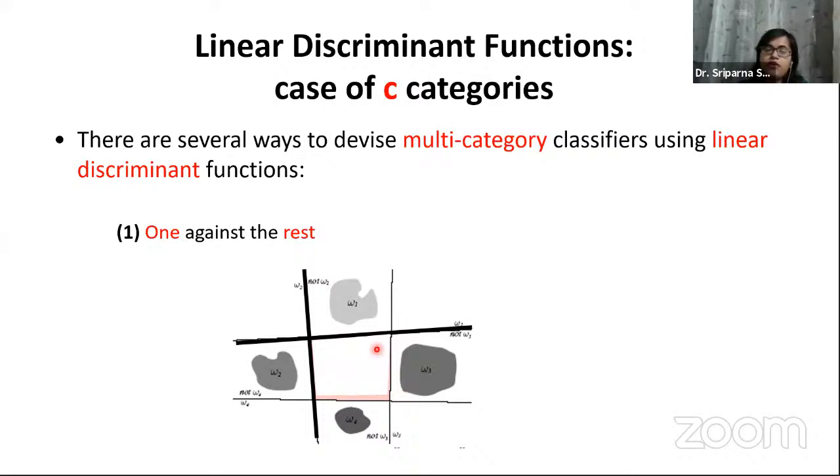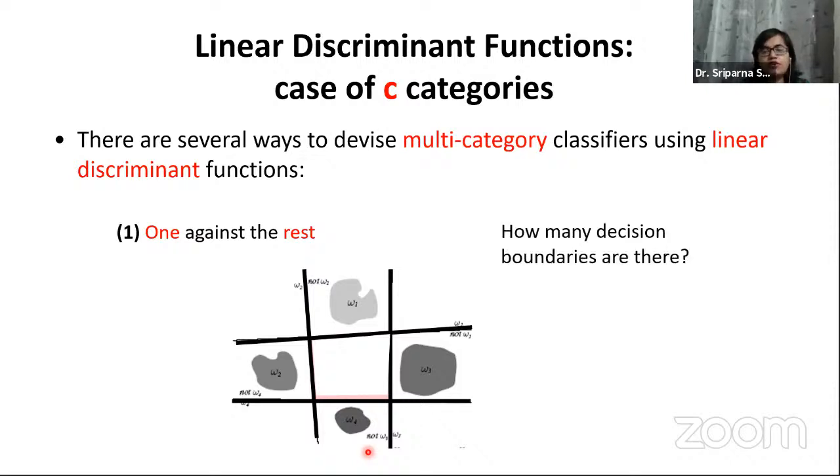By this particular hyperplane, you have decided what is W1 and what is not W1. In that not of W1, what is your W2 region? So others will be not of W2 as well. This particular region is not of W1, not of W2 and not of W3. And then by this hyperplane, you can decide what will be your W4 region.